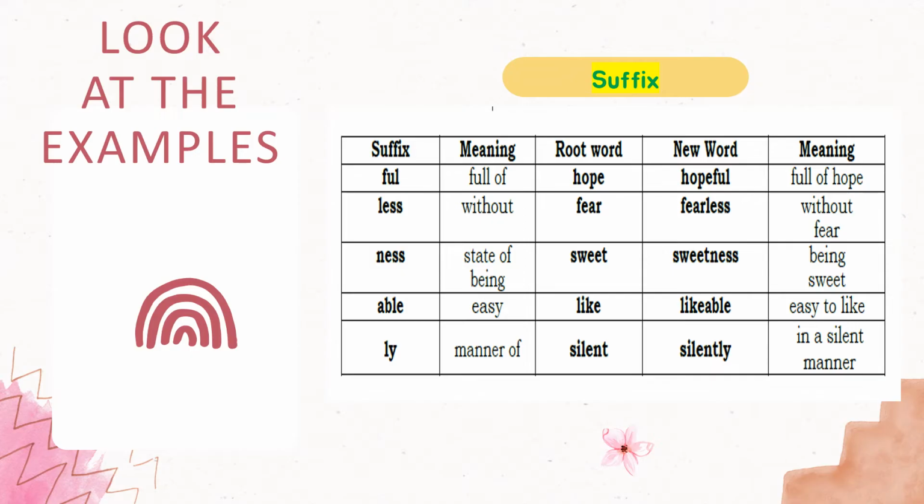If we add it to the word like, we can form likable. And likable means easy to like. Ly is also an example of a suffix. It means manner of. If we add it to a root word like silent, we can form a new word like silently, which means in a silent manner.